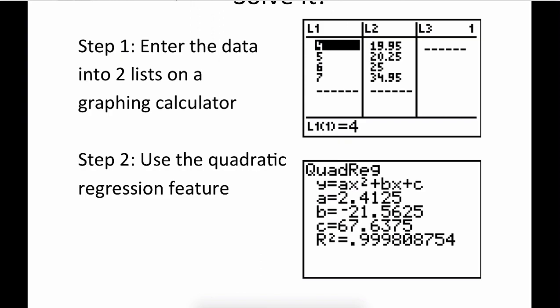We're going to have y equals 2.4125x squared, so plugging in the a value, minus 21.5625x plus our c value of 67.6375. Now it says our R squared value, again that's our correlation coefficient.